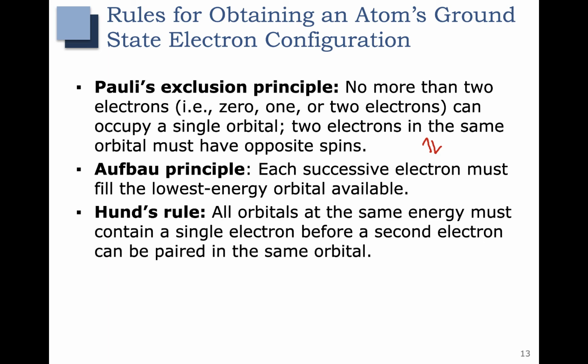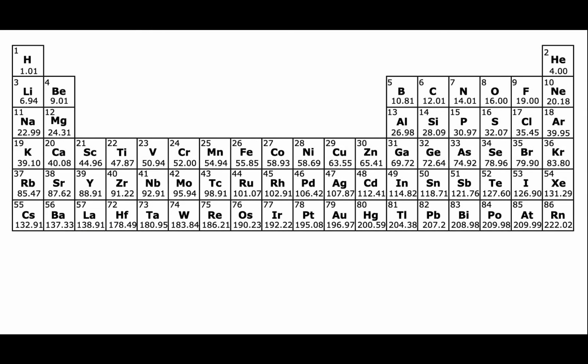We're going to quickly go through how to work this out for carbon. So here's our periodic table. Carbon is right here, and you'll see that it has an atomic number of 6. So if we have 6 electrons, that means we're first going to fill the 1s orbital with 2 electrons, one up and one down. Then the next orbital would be the 2s, which we would also fill with 2 electrons.